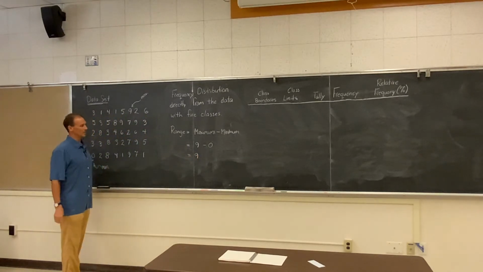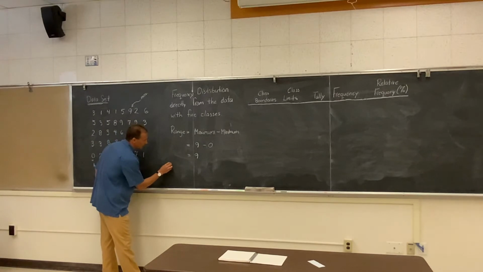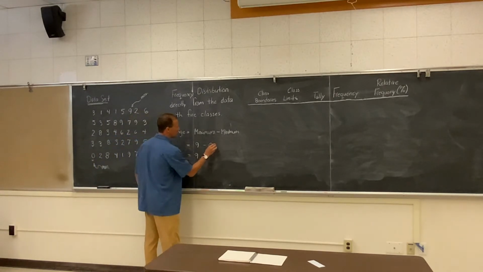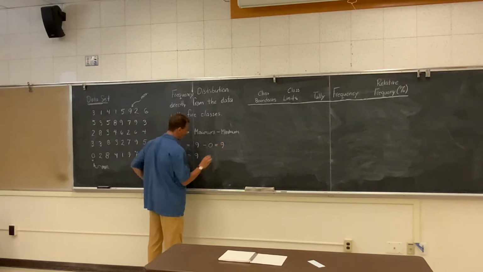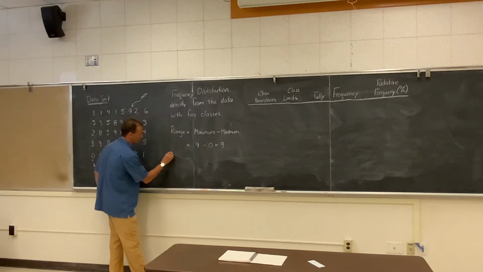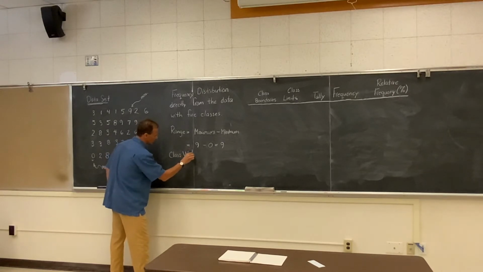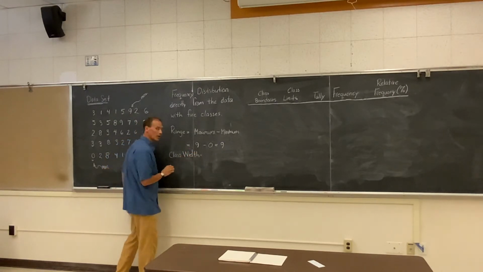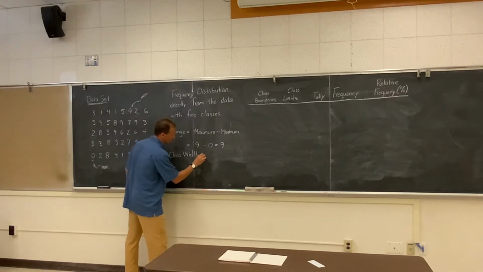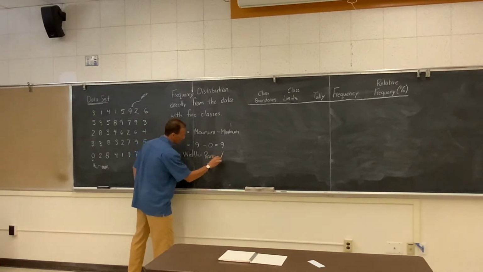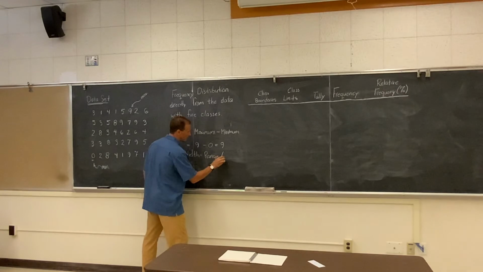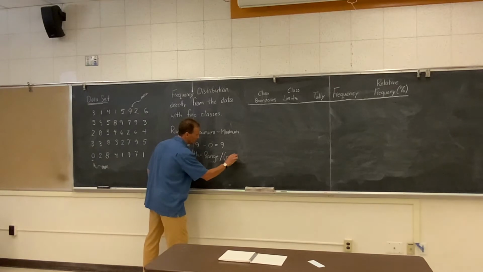The next thing we need is our class width. For the sake of space, I'm going to put that 9 over here. Our class width is very simply the range divided by the number of classes.